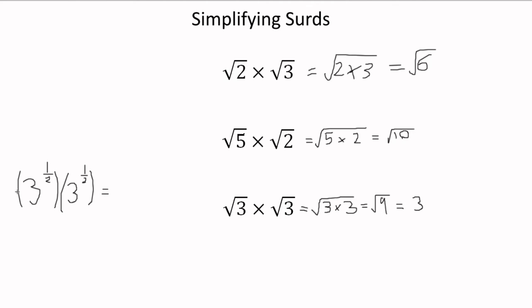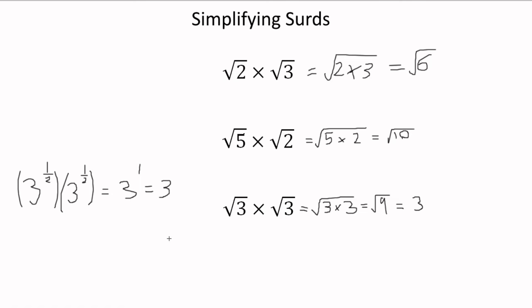Remember, when we multiply the same terms together, when we multiply indices, you just simply add them up. So half plus half is just 1. And so that is quite simply equal to 3, because 3 to the power 1 is just 3. And we proved that using Indices Laws.